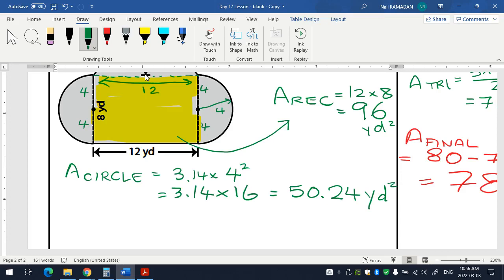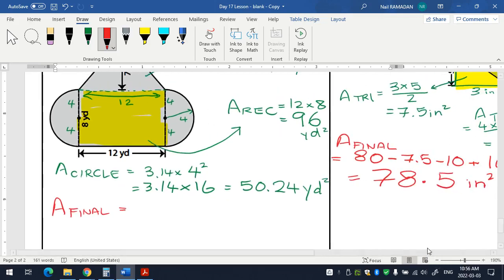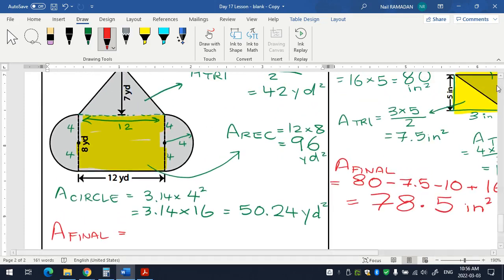And is there any subtraction in this problem? No. Everything is glued to the edge of the other ones. So that means add up all the numbers. So A final equals, let me zoom out so you can see the whole thing. 42, that's the upper triangle, plus 96, that's the rectangle, plus 50.24, the two halves adding to one full circle.